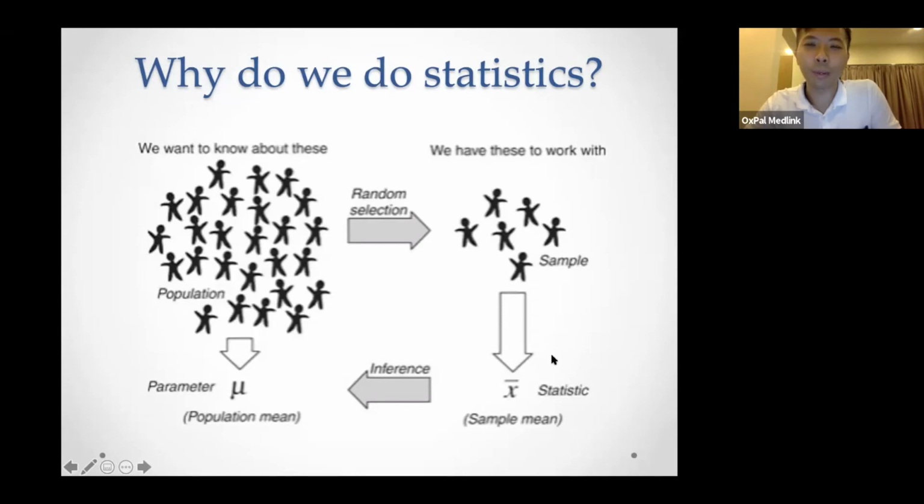With the sample, we gain what we call the statistic: the mean, the standard deviation, the median, the confidence interval. All these are statistics. They are numbers. And we use the statistics to make inference about the population parameter. So population parameter is actually the population height, the population standard deviation. All these are numbers as well.